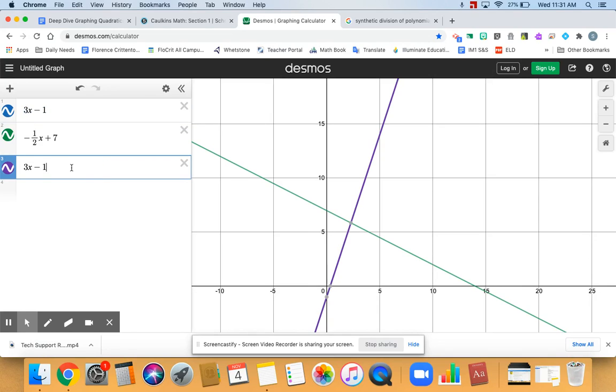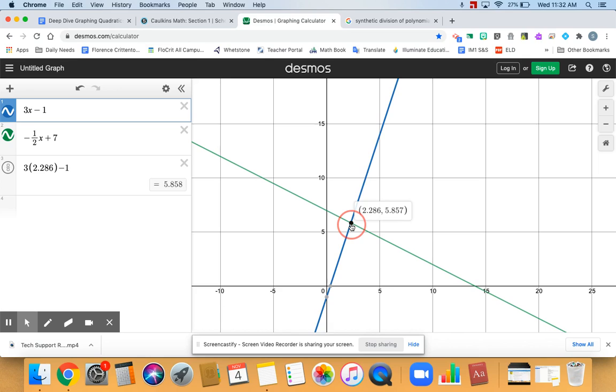You take either one of them and put 2.286 in the calculator. You get out 5.858, which is exactly here, 2.286 and 5.857. So they rounded differently here and here, but still, it's basically the same thing.